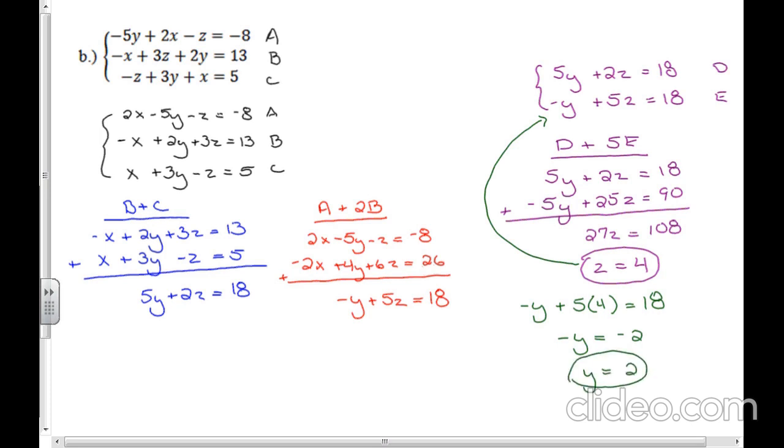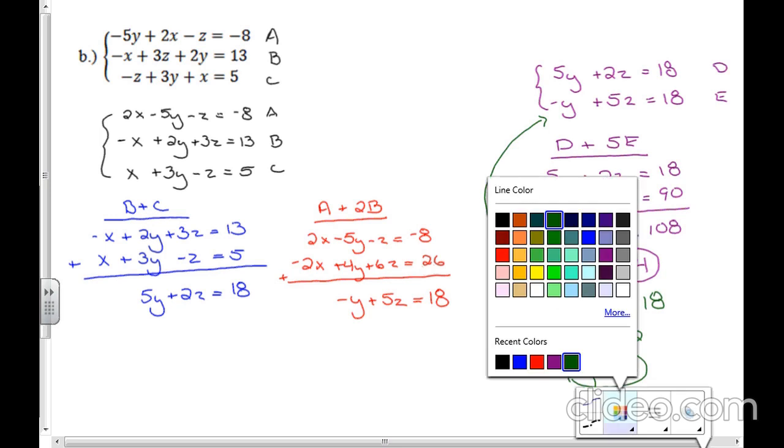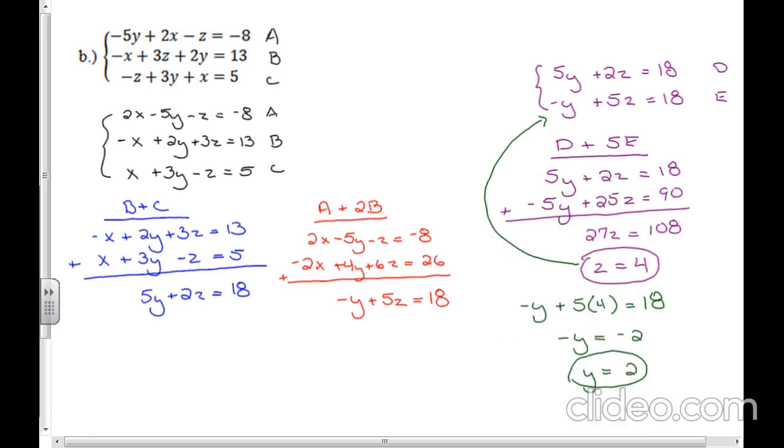Now I can take this z and this y and go back to, let's say, equation C. I'm going to substitute in for z and y. So this would give me x plus 3 times 2 minus z, which is 4, equal to 5. 3 times 2 minus 4 would be 2.